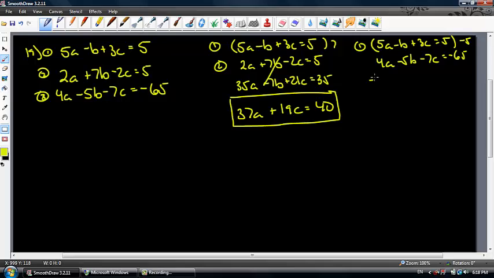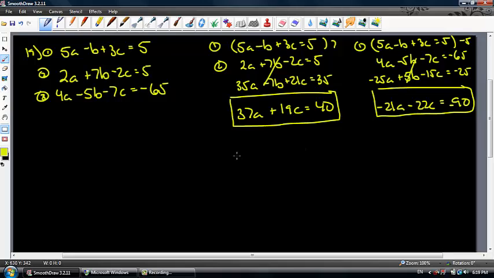What I get is negative 25a plus 5b minus 15c equals negative 25. Those are going to go away. I get negative 21a minus 22c equals negative 65 minus 25, which is negative 90.